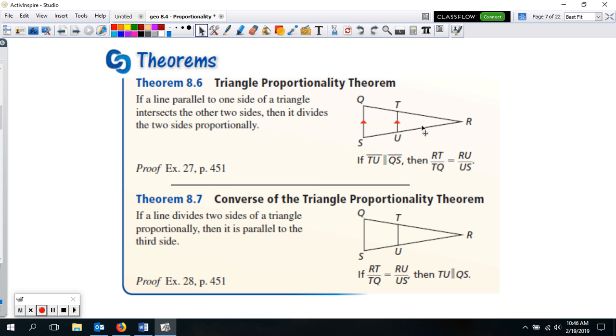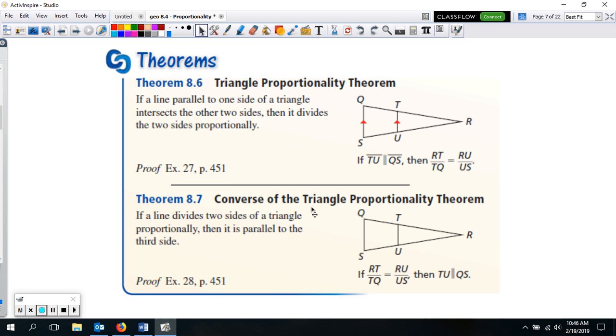We can see it dividing it proportionally the way that it's showing you here with RT and TQ, so that would be these two up here. So this little segment right here over the QT segment is going to be equal to the RU segment on this side over the US segment here.